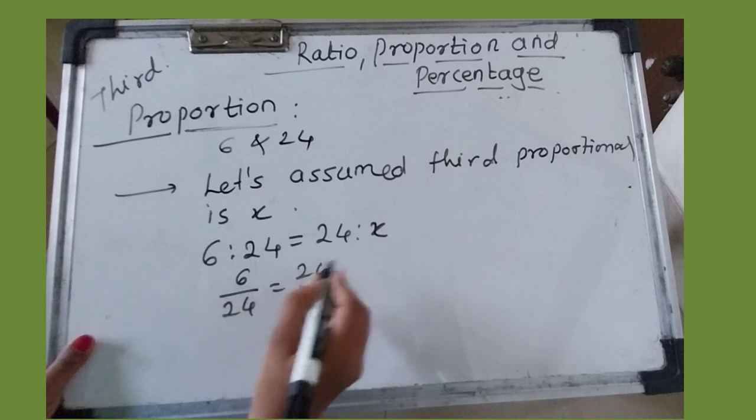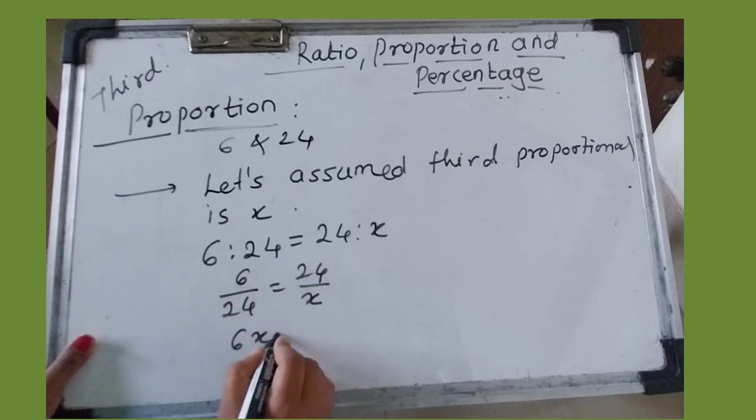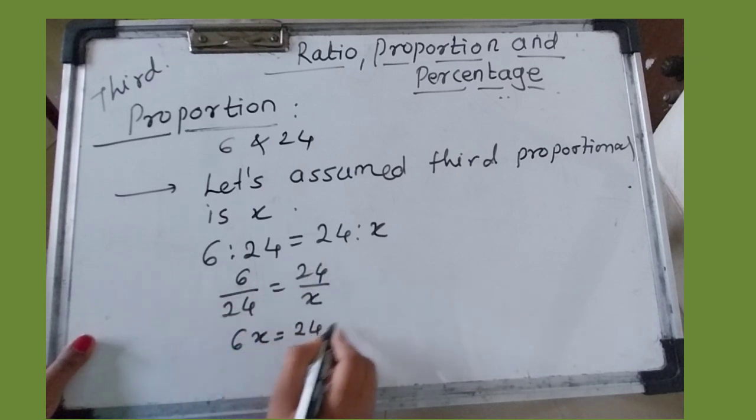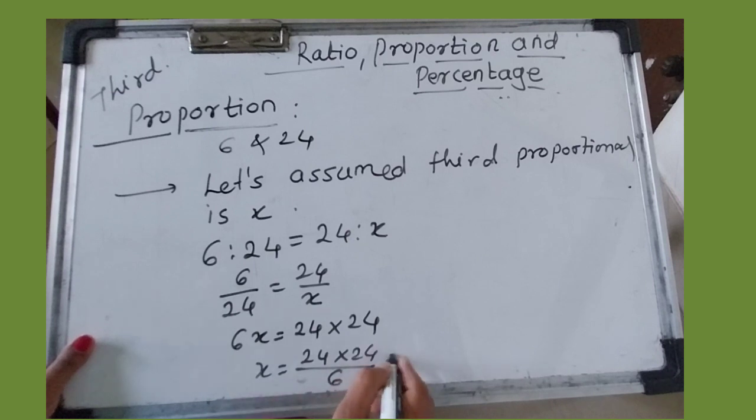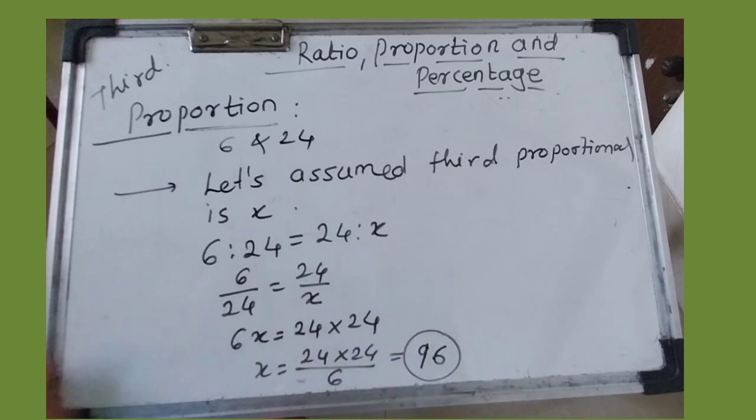Take a cross multiplication. 6x equal to 24 into 24. x equal to 24 into 24 divided by 6. So what do we get here? x equal to 96. Okay, clear?